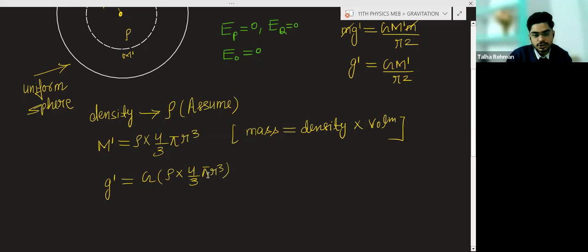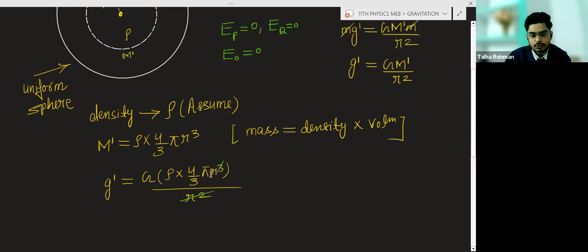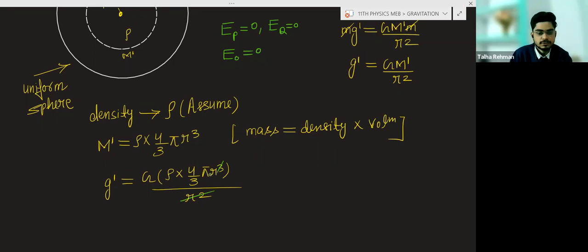So this is G into m dash divided by r square. This is r cube and here is r square, so this will cancel out, and here there will be only r. So the value of g dash, you will get, G into rho into 4 upon 3 pi into r.